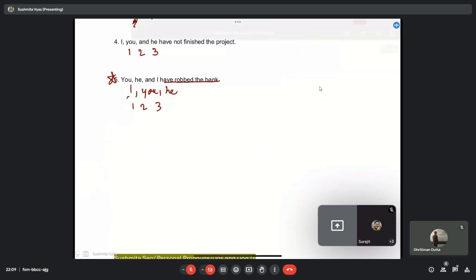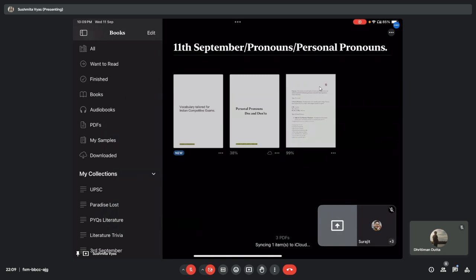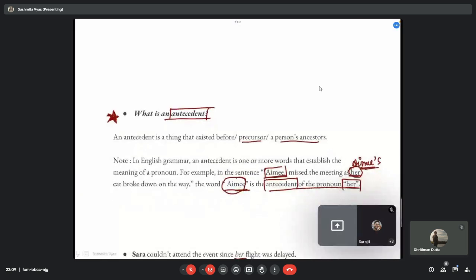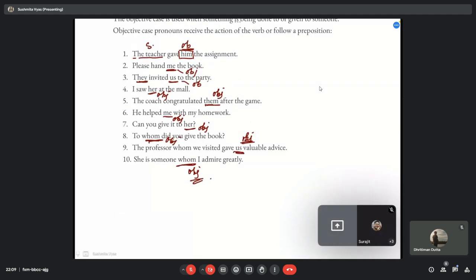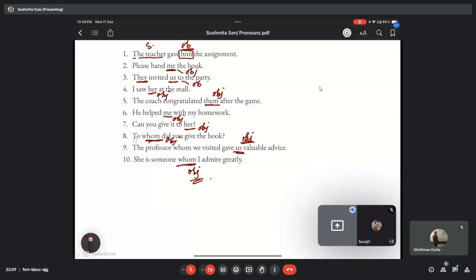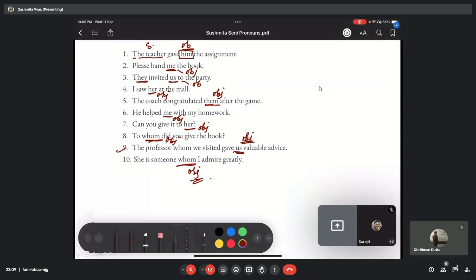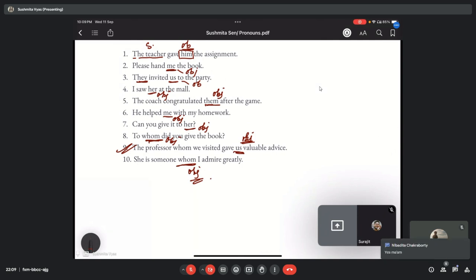Okay, so what is the subject being talked about? The professor. The professor whom we visited gave us valuable advice. So the professor is the subject here. Gave whom? Gave us valuable advice, right? So us is the object here.